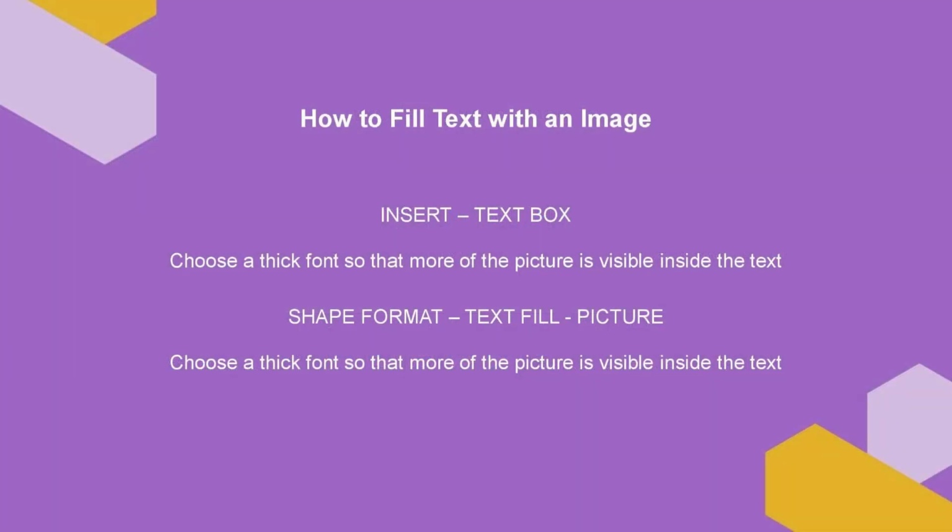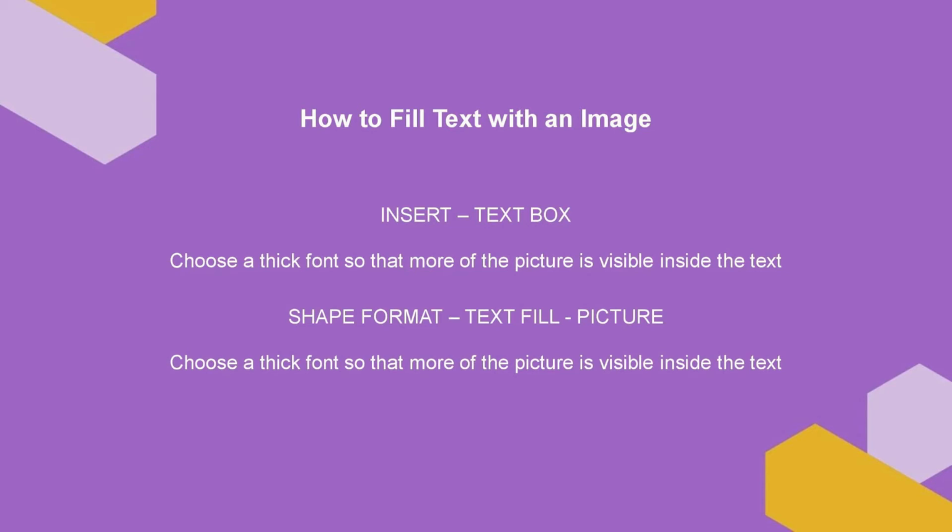I wanted to talk here a little bit about one thing that you could do that really makes a poster stand out and gives it that wham factor, and that's filling text with an image. So you start with the text by inserting a text box, and I recommend that you choose a thick font like Arial Black because you want a nice big wide font so you can see that the picture is visible there.